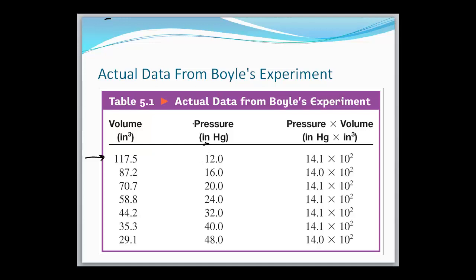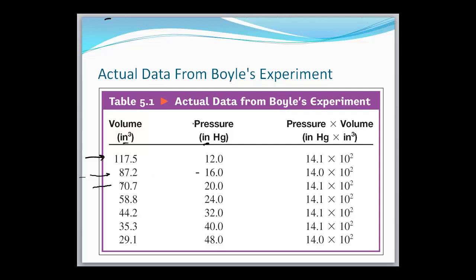Now remember, we rarely use inches, but since inches is used in this diagram, we'll just stick with that for right now. So then what Boyle did was, in a second experiment, increase the pressure on that system to 16 inches of mercury, and notice that the volume went down to 87.2 inches cubed.